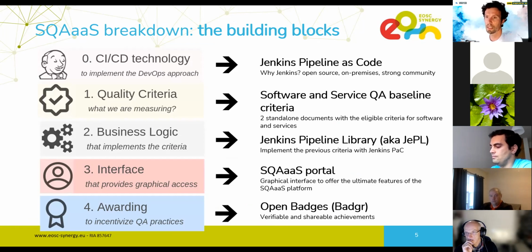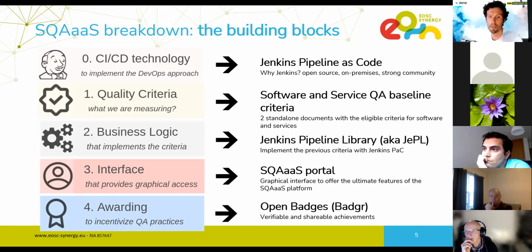And for that, the Jenkins pipeline as code was the perfect fit for us because it's open source, can be deployed on premises, and also has a strong community behind. So once we have this technology, we need the quality criteria that we need to check, what criteria we need to prioritize. And for that, we came up with two sets, one for software and one for service, collecting these criteria.